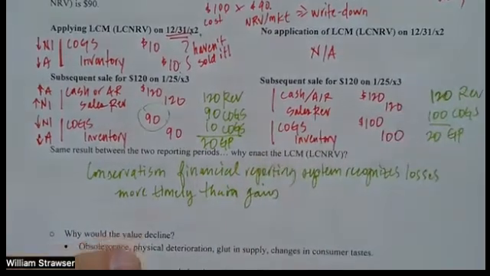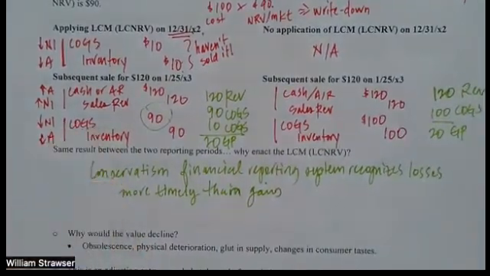So I'm more likely to recognize a loss ahead of time. I never recognize gains ahead of time. It's also more likely to just recognize losses than it is to recognize gains. Sometimes we have the exact same situation, and if it's a gain, we don't report it, and if it's a loss, we will report it.